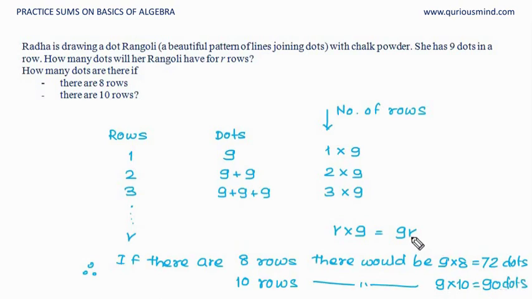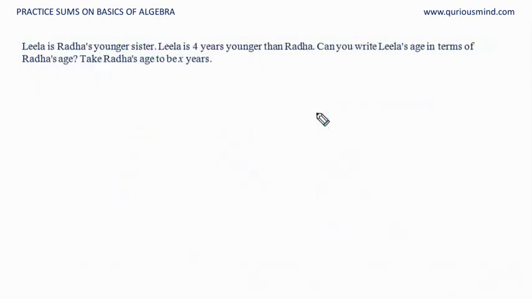So the letter R can be replaced by the number of rows. If I replace R by 8, I get 9 into 8, 72. If I replace R by 10, I get 9 into 10, 90 dots. So I can now find the dots for any number of rows by replacing R with that number of rows. Let's do the next one.